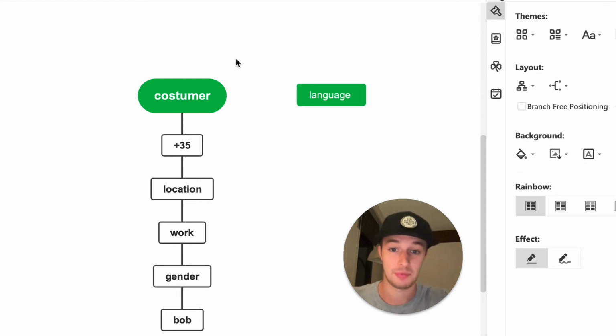So this is what she did. The first thing, we mapped out exactly who the customer is: location, work, gender, and I gave them different interests that they can use to target with Facebook ads. So basically there is no guesswork.